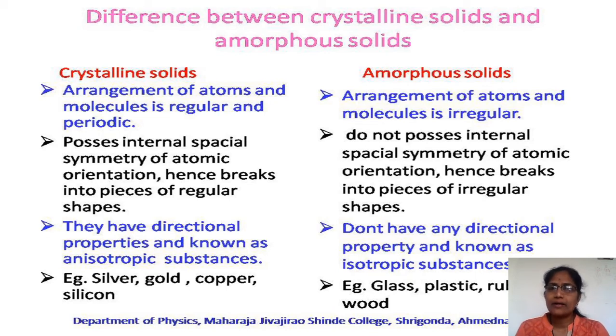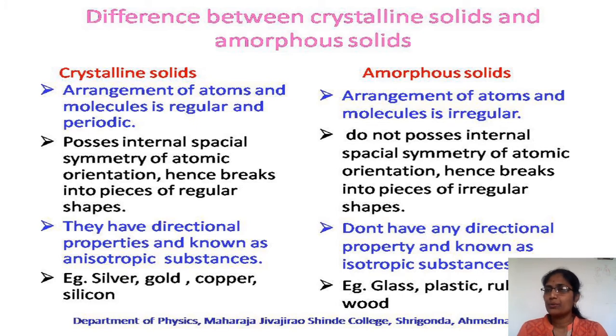Then crystalline solids have directional properties. It means that their physical properties will remain the same along a particular direction, and this phenomenon is called anisotropic. What about amorphous solids?